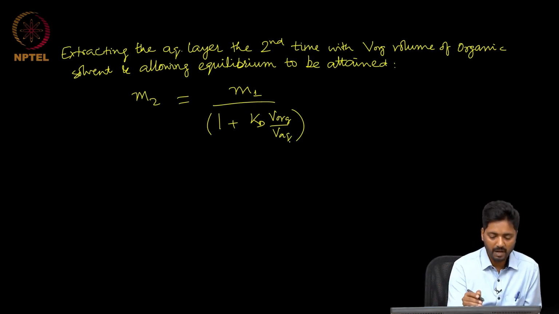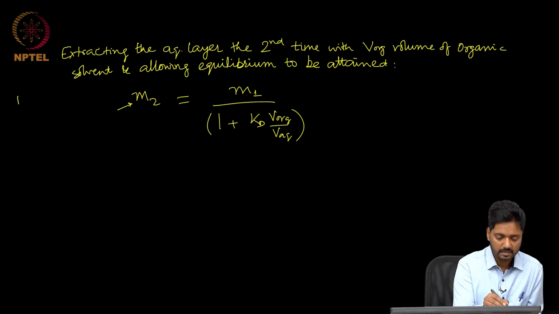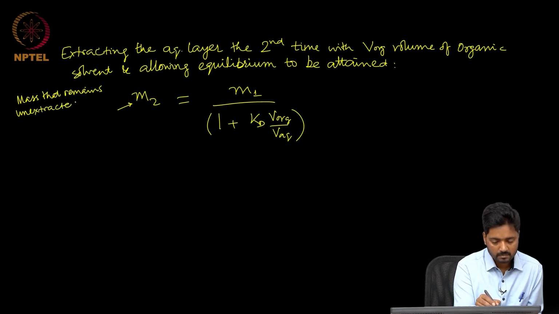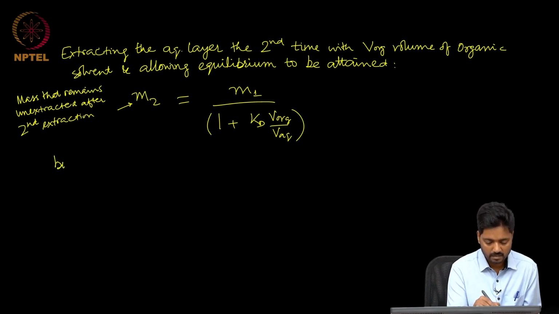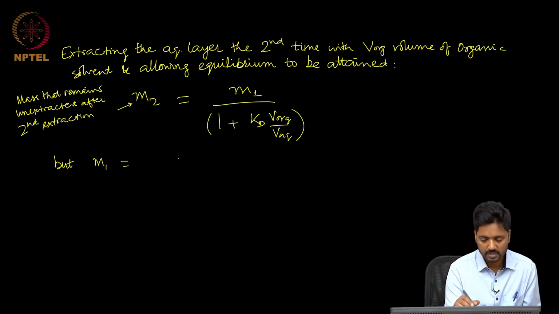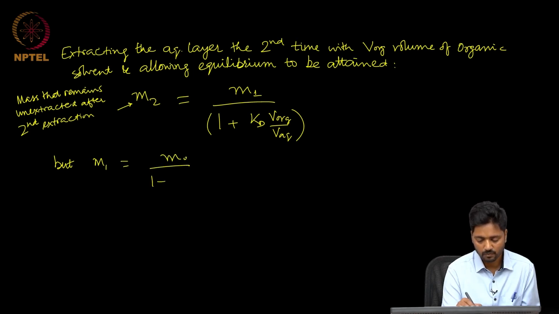So, the mass that remains unextracted after second extraction is given as m2, and we have already seen that m1 is nothing but m naught by 1 plus Kd V org by V aqueous.